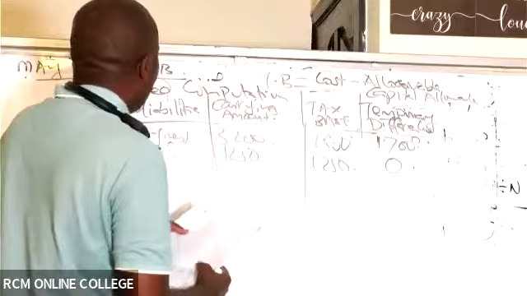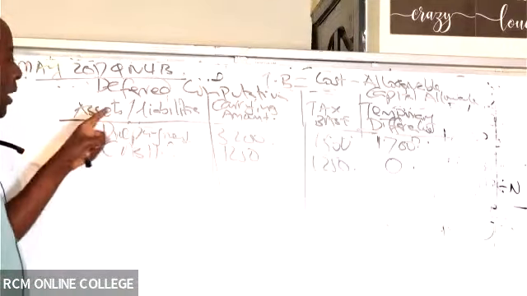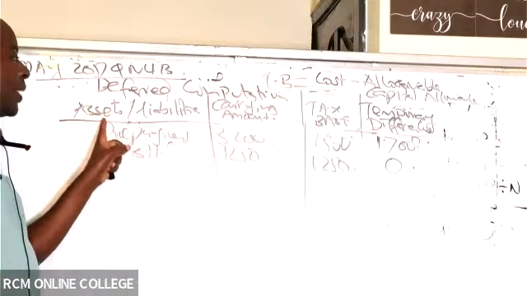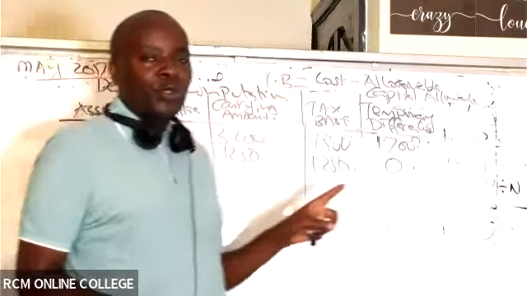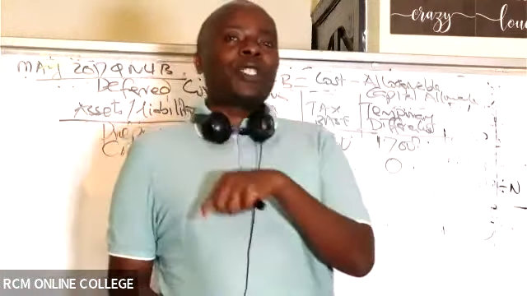From there we have equity. Remember this deferred tax is a tax for assets and what here? Liabilities. Equity does not feature here.